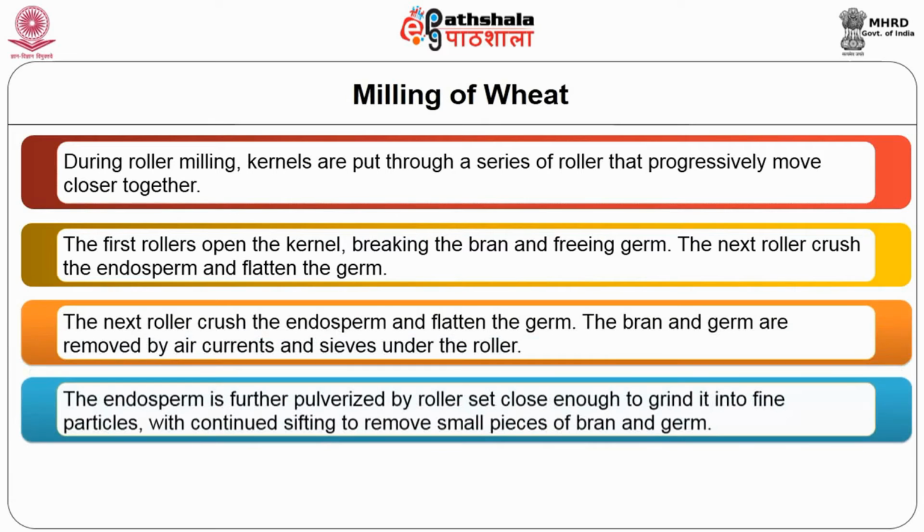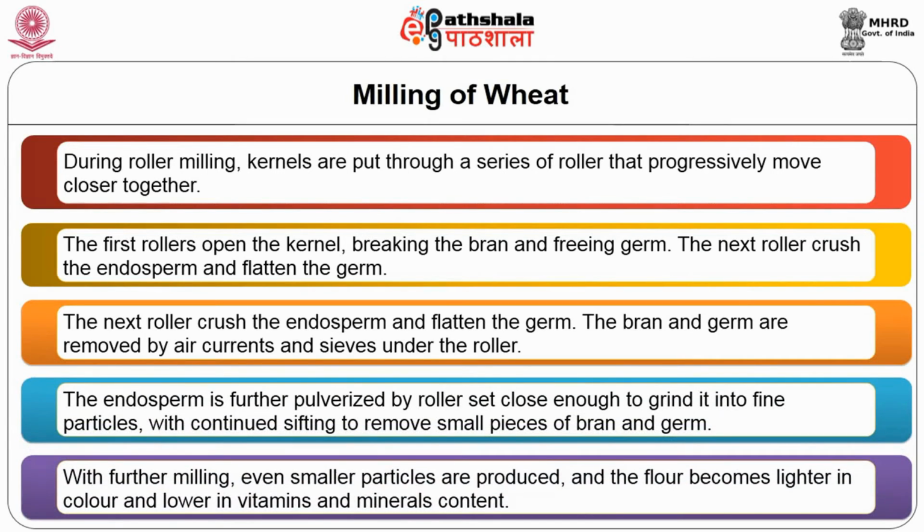The endosperm is further pulverized by rollers set close enough to grind it into fine particles, with continued sifting to remove small pieces of bran and germ. With further milling, even smaller particles are produced and the flour becomes lighter in color and lower in vitamins and minerals content.